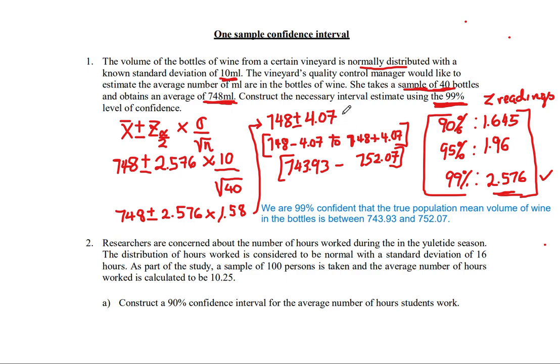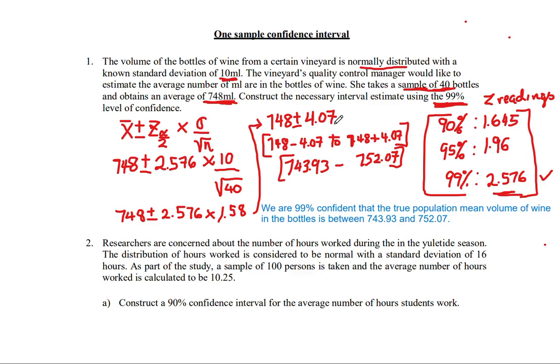call the margin of error of the estimate. Once you have simplified this right-hand side, which we did by multiplying 2.576 by 1.58, which gave us 4.07, that 4.07 represents the margin of error of the estimate.